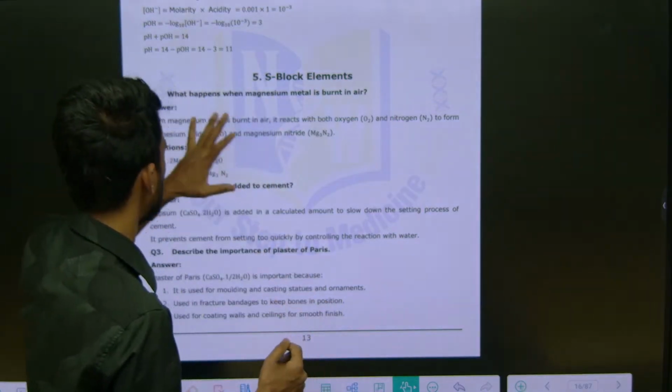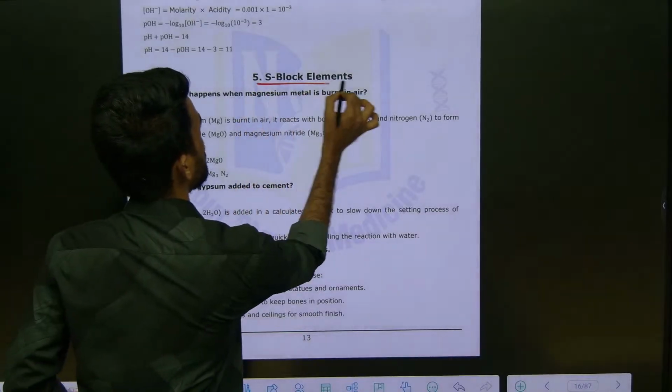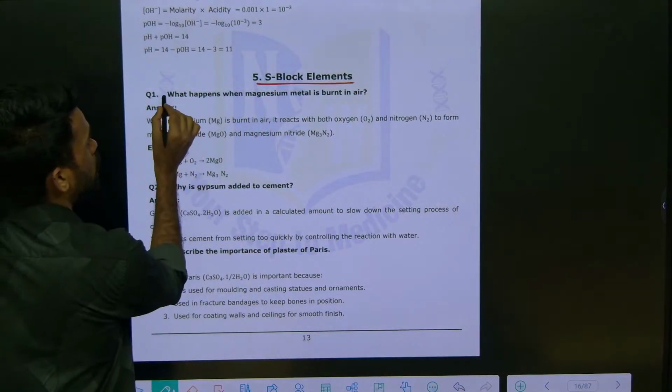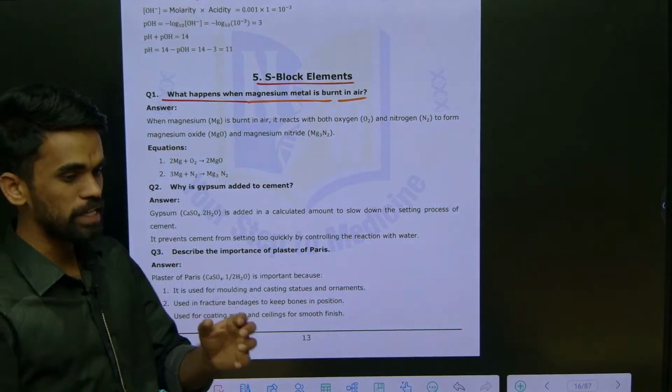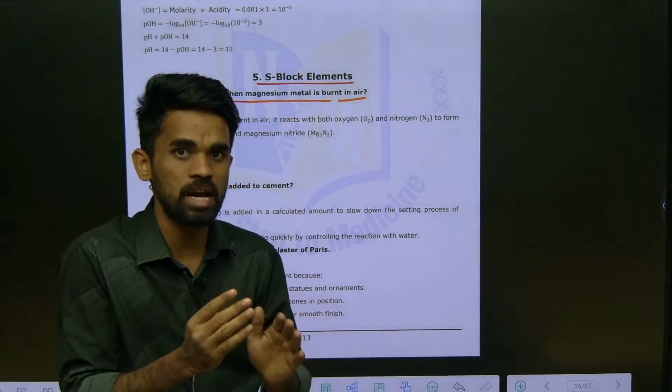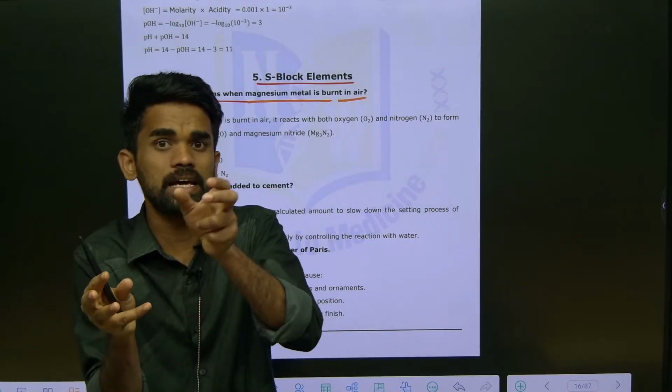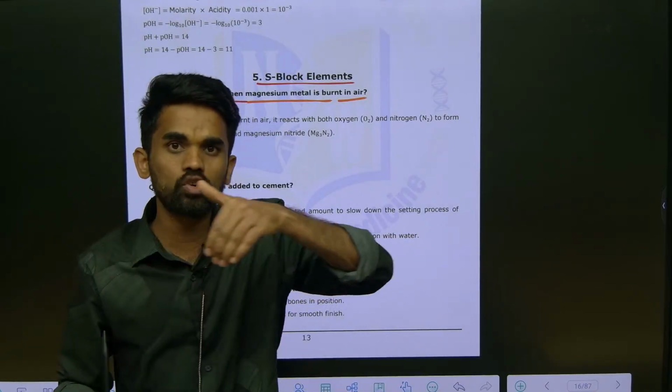Now here I am going to discuss S block. What is the first question? What happens when magnesium metal burns in air? We know S block elements are also called alkali metals and alkaline earth metals. We know there are 18 groups in the periodic table.